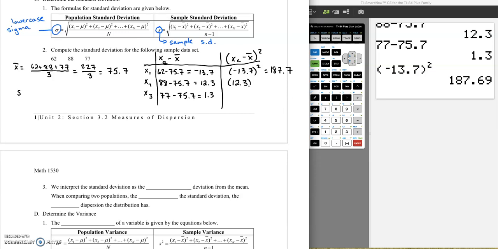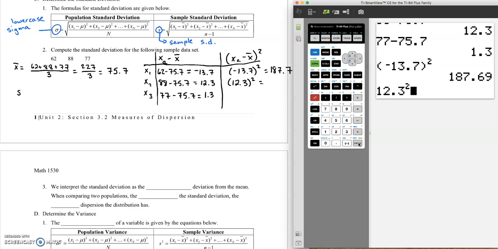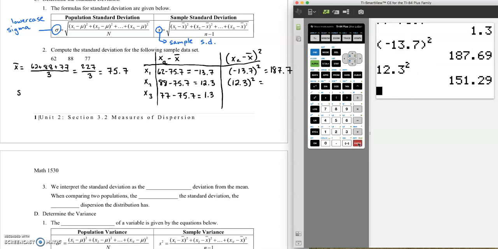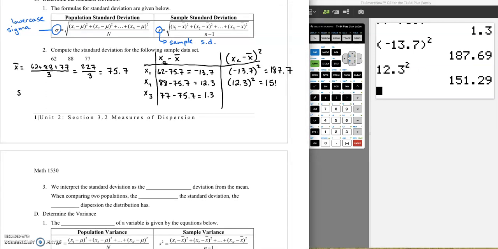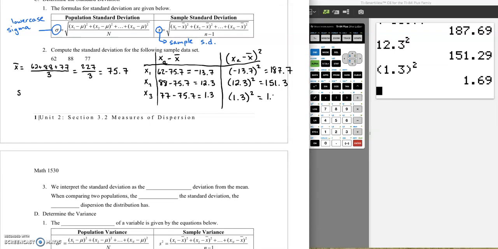Then we need 12.3 squared. I don't need the parentheses when it's a positive number, but that's probably a little lazy. So 151.3, and then we need 1.3 squared. So that's 1.7.